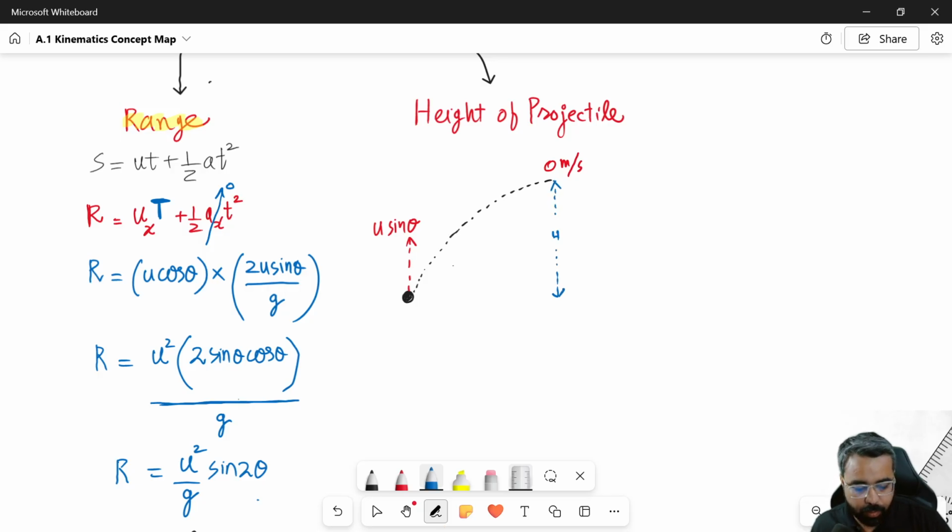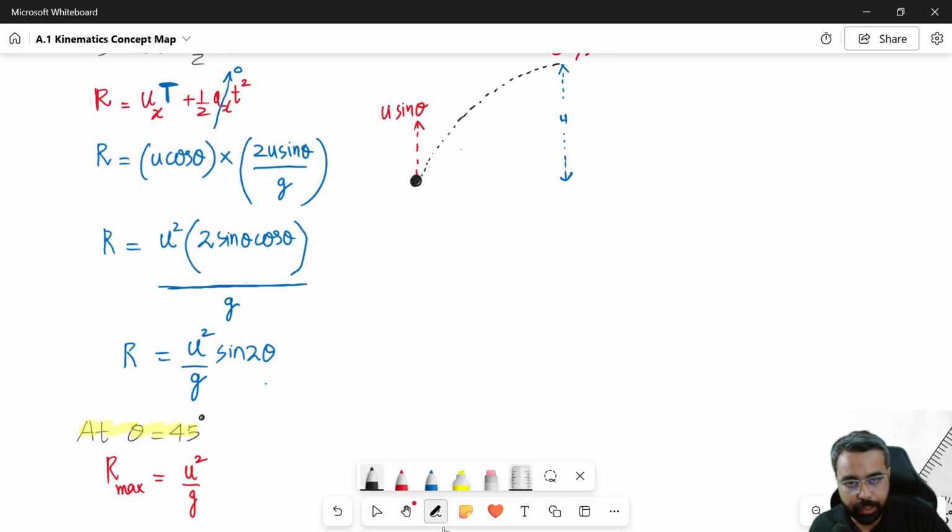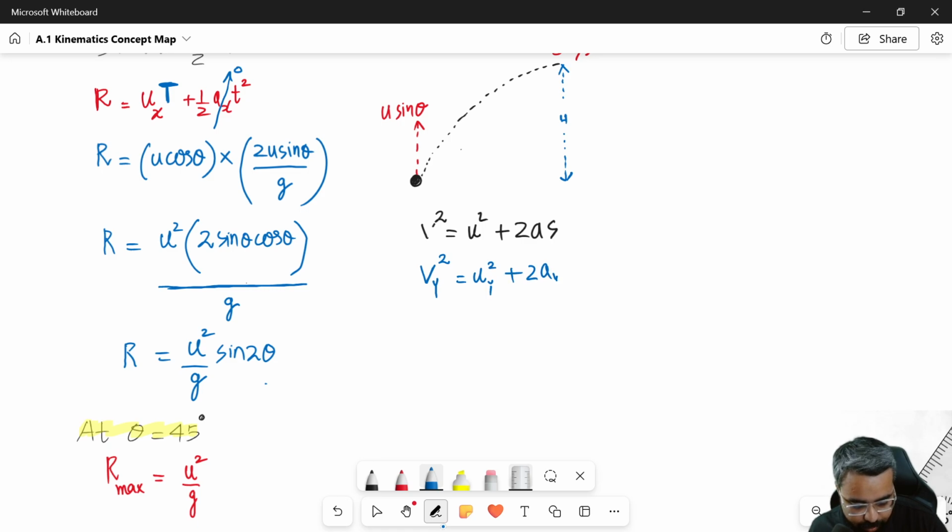Let's find out, once again with the help of equations of motion, and the good equation, because it doesn't involve time in this calculation, is the only one that will help us. So v squared is equal to u squared plus 2as. I'm going to write it in terms of vertical motion. So vy squared equals uy squared plus 2a times capital H, which is what we want to find out.